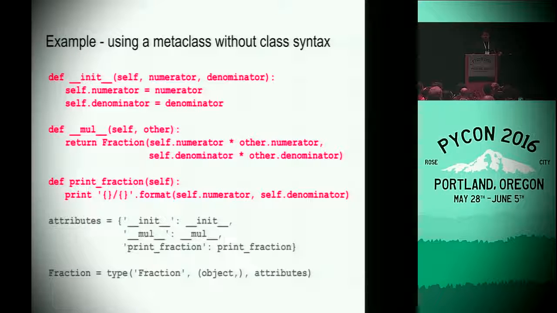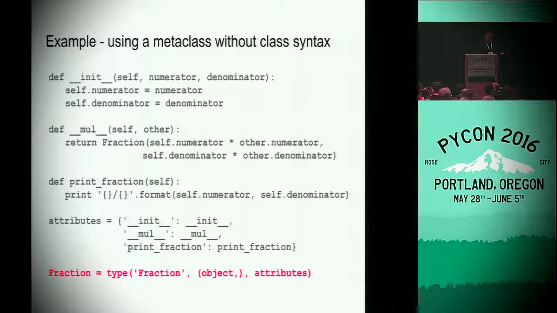And remember, the attributes of our class, the assignments in our class block, came through in a dict. So we'll just make that dict. We'll call it attributes. And that'll let us use our init as __init__, our mul as __mul__, and so forth. And so we'll just call type ourself and do what the class statement would do before. With the name, we had called it Fraction.